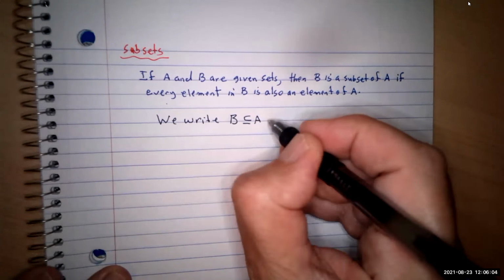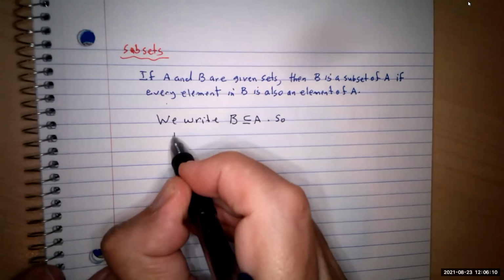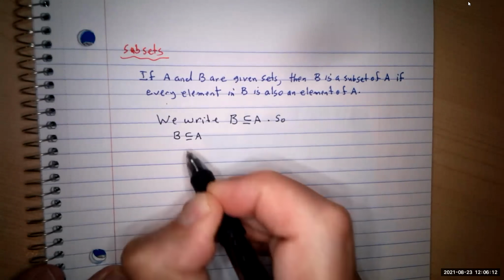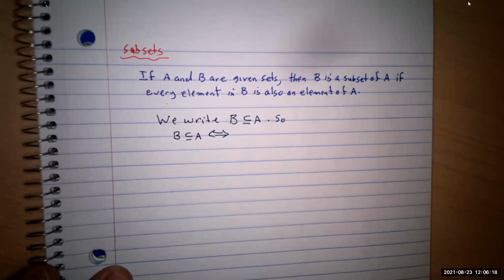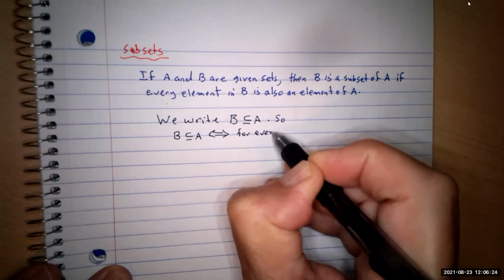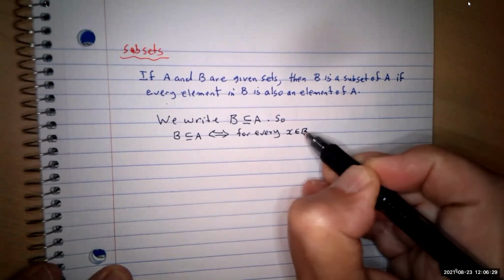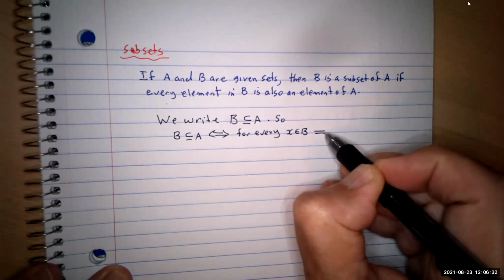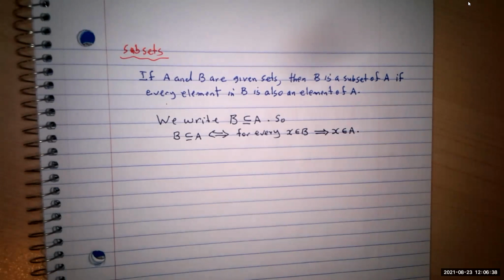Symbolically, B is a subset of A if and only if, for every x in B, that implies that x is also in A. We're going to make it better in future. So B is inside A, if you like.